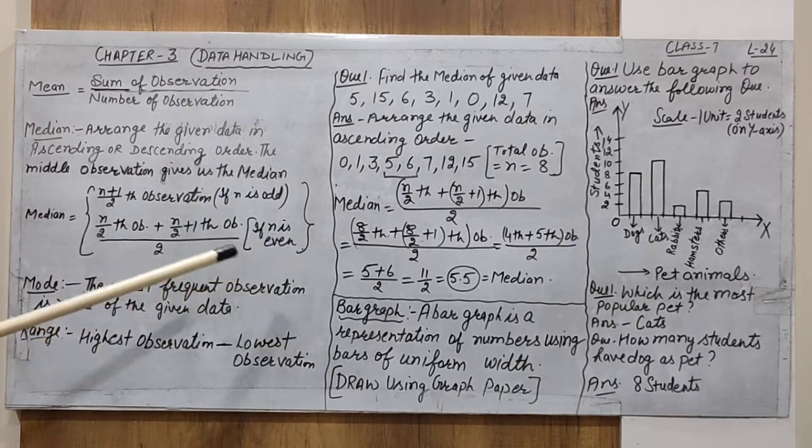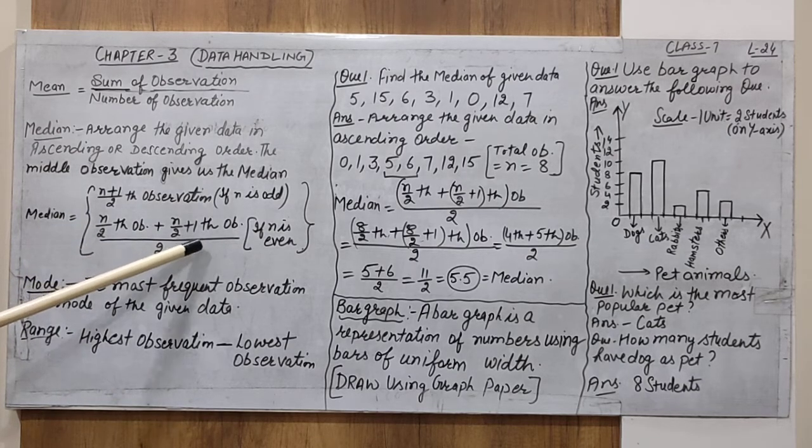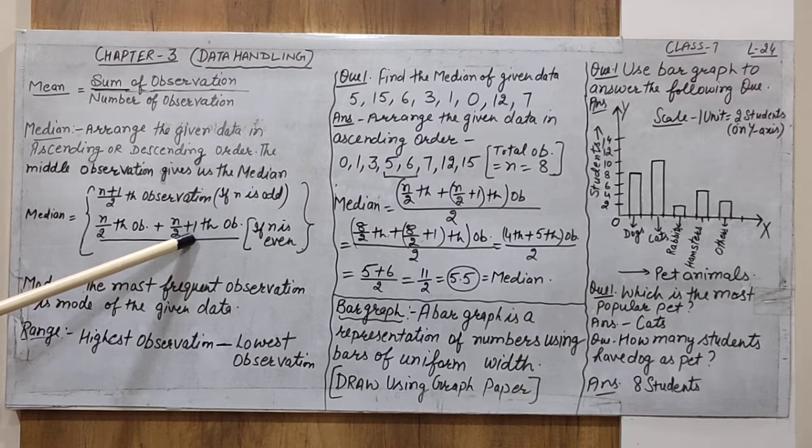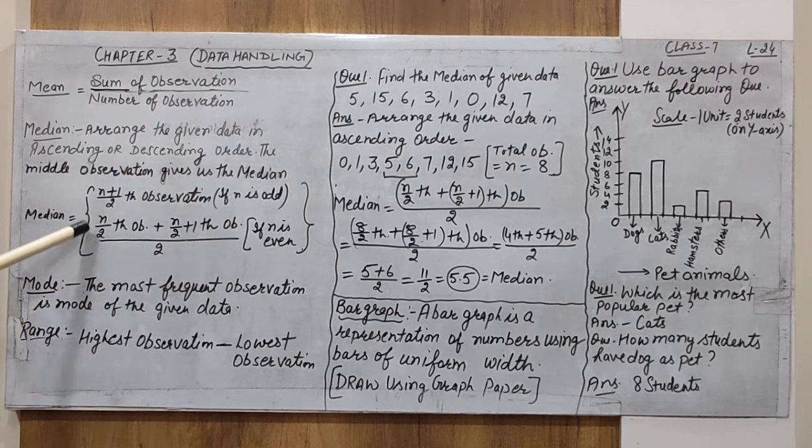Suppose n is 8. Then 8 by 2 is the 4th observation, and next to it is the 5th observation. So the 4th and 5th observation values act as the median. We add these two values and divide by 2 to find their middle, or the mean of these two observations.